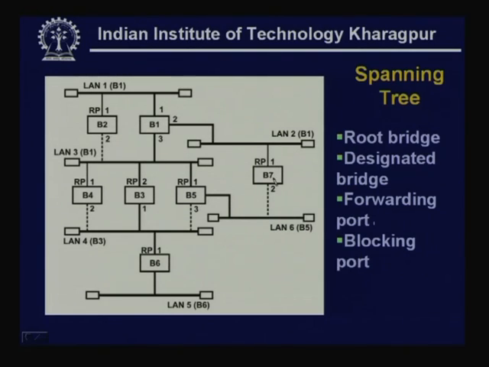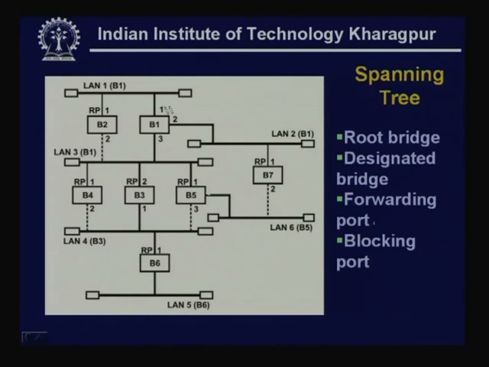Or say LAN 2 wants to communicate with some station on LAN 5. Although there is another path, the forwarding will take place in this manner, and the path is unique.